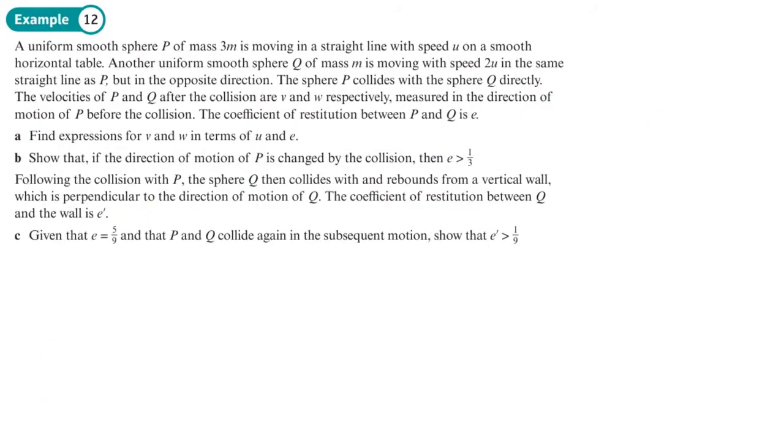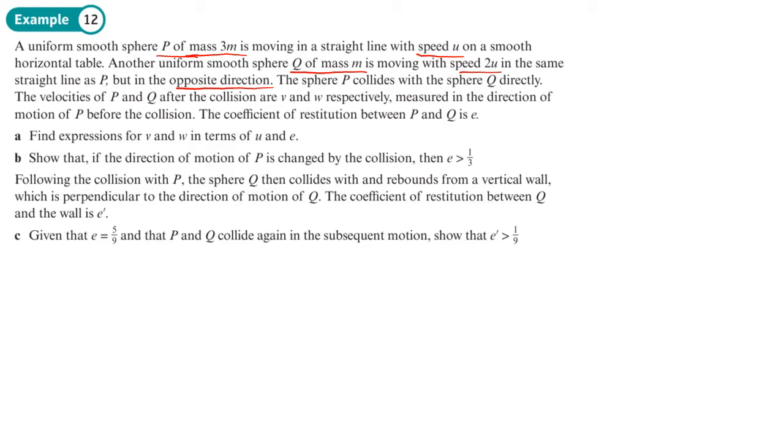A uniform sphere P of mass 3m is moving in a straight line with speed u on a smooth horizontal table. A uniform sphere Q of mass m is moving with speed 2u in the same straight line as P, but in the opposite direction. They collide.